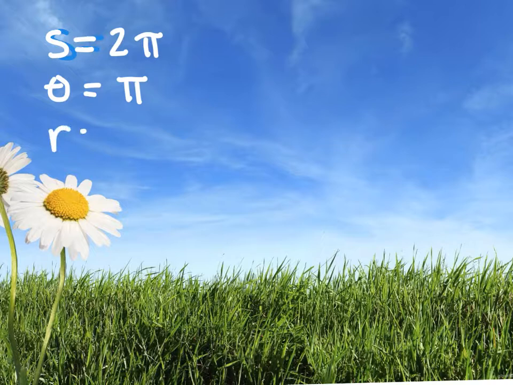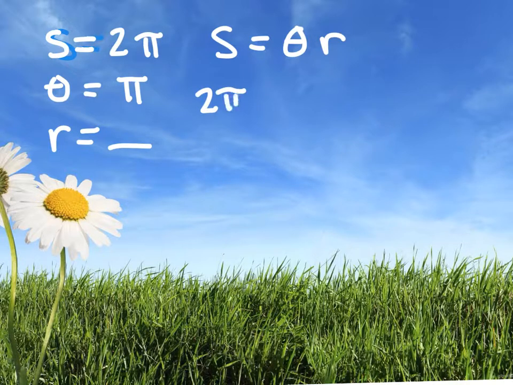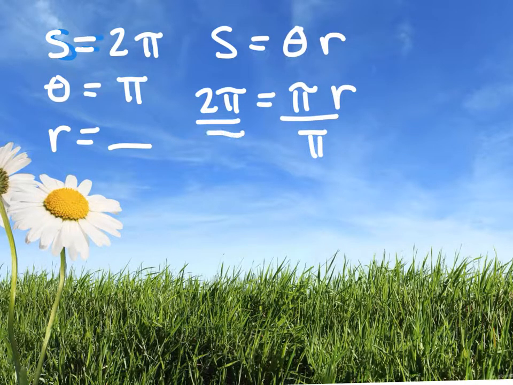And they would like to know what the radius is. So again, you just set it up and plug in things where they go. The arc length is given, the angle is 180 degrees. R there, so we would divide by pi to both sides, and the radius is exactly 2 centimeters in length.